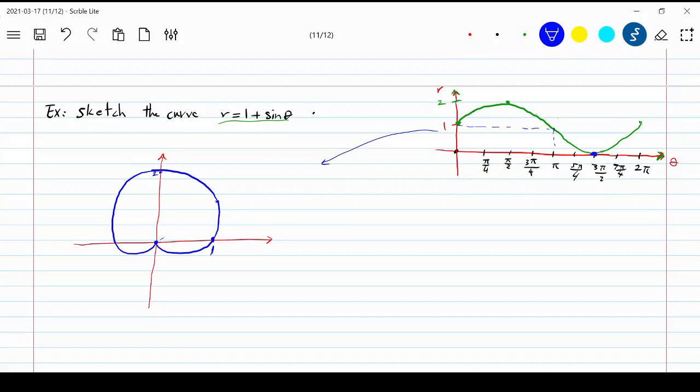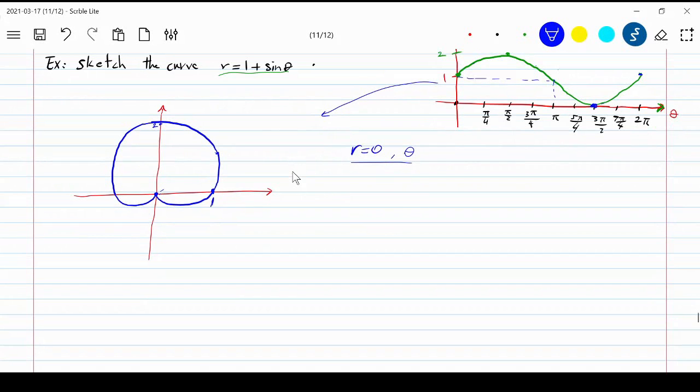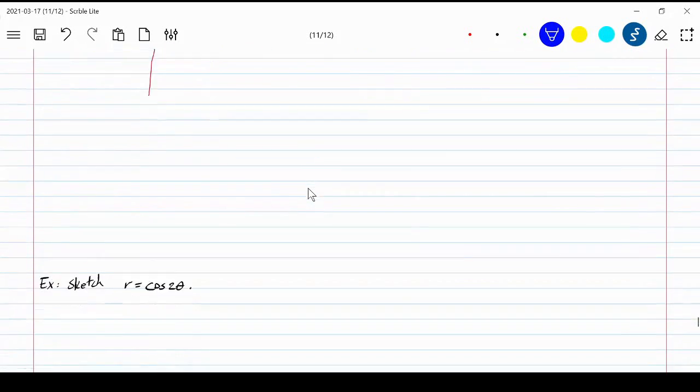When we hit 0 radius, you're always at the origin, doesn't matter what the angle is. So this is for all theta. That means you're at the origin, and after that we go back to the initial point since it's periodic. Sketching this curve may not be that easy, but you can practice and try.